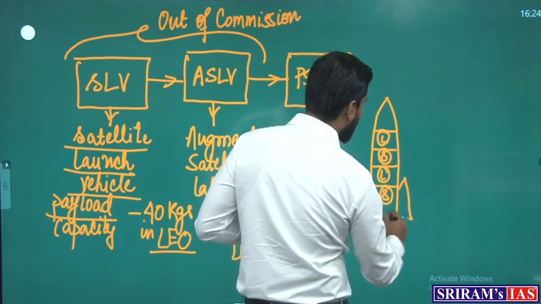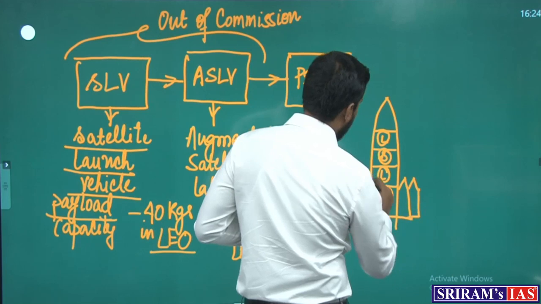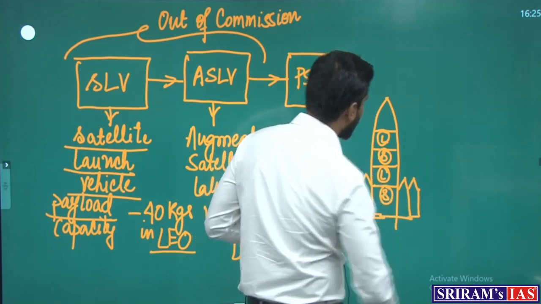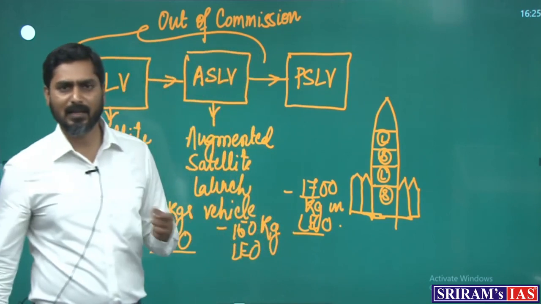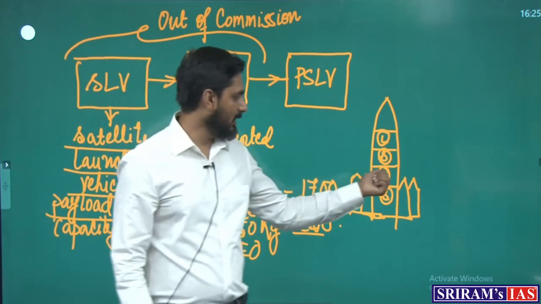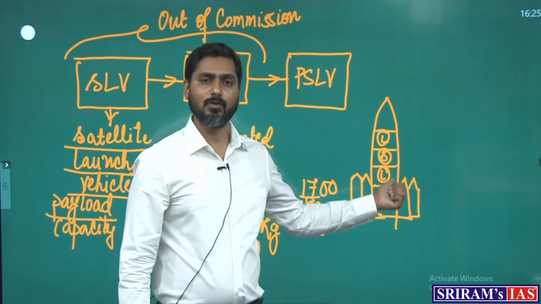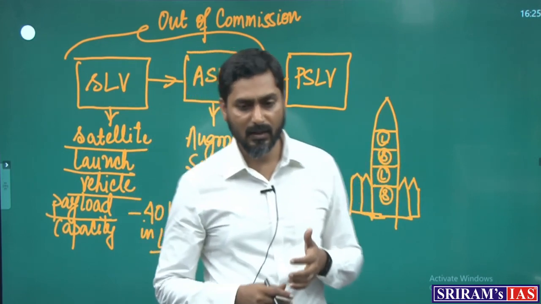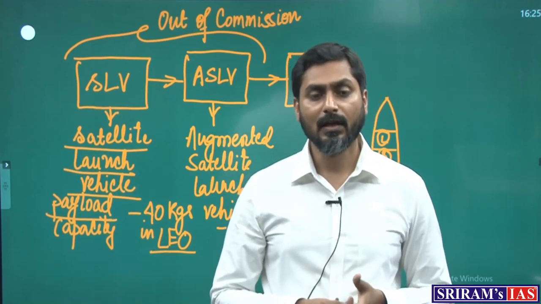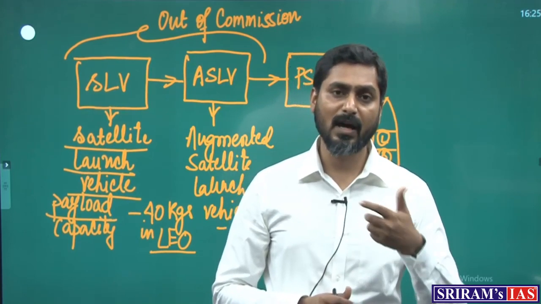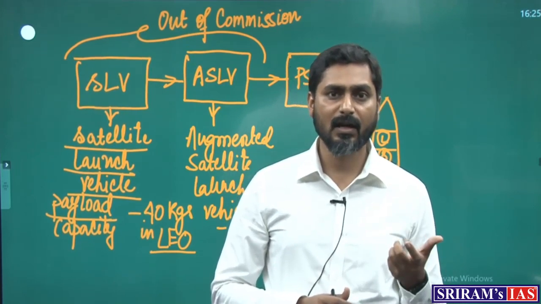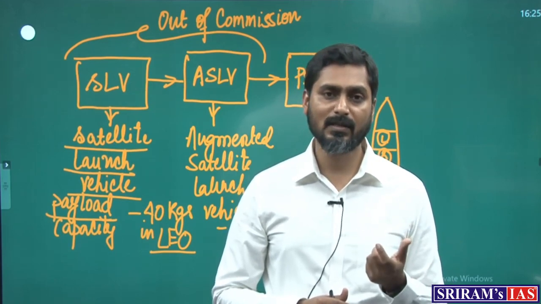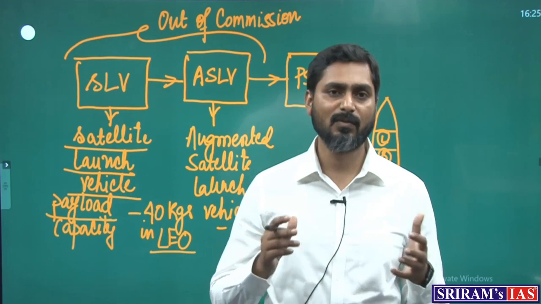It also has some booster rockets that help during the initial lift. PSLV has emerged to be a very efficient launch vehicle. We have been able to send some of the marquee missions such as Chandrayaan 1 and Mangalyaan. So we have used this PSLV to its maximum capacity.